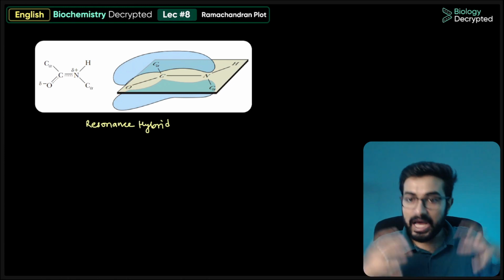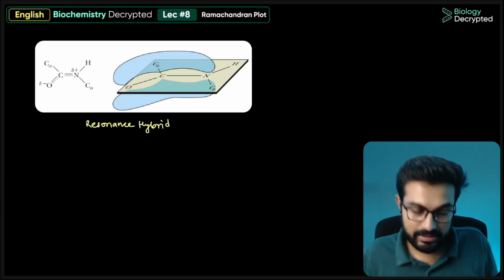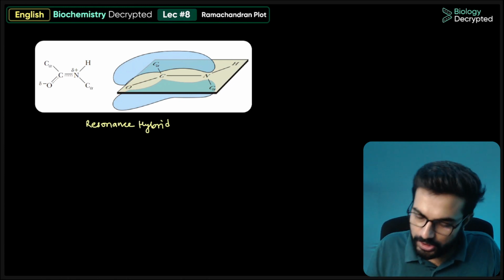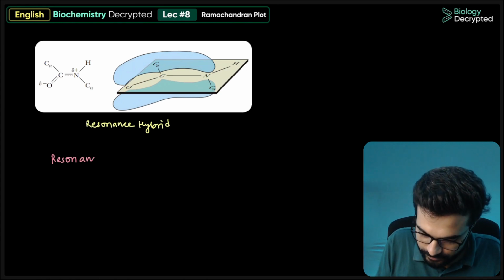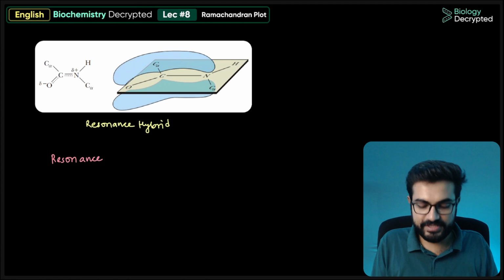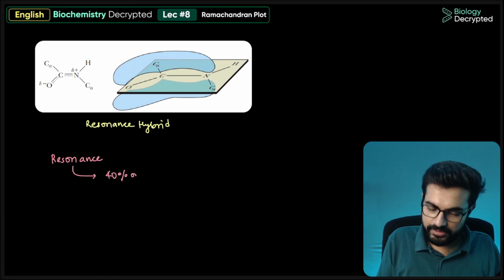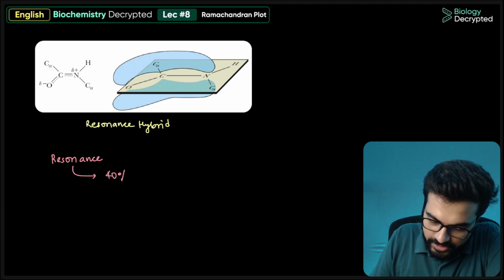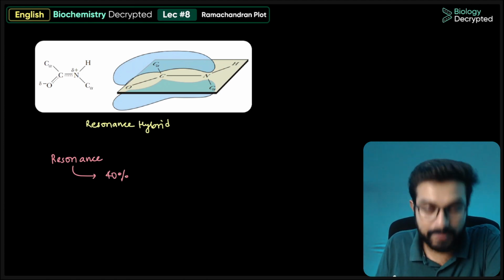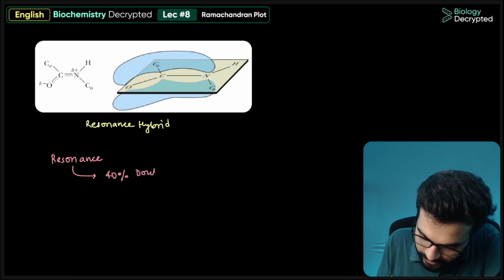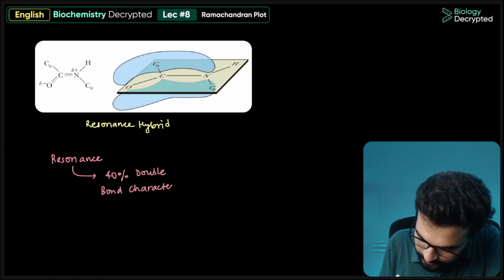Also, if the R groups are bulky, even then there will be some restricted angles. But yes, this is the major factor. Now, talking about resonance, because of the phenomenon of resonance, the CONH bond, the peptide bond, has approximately 40% double bond character.